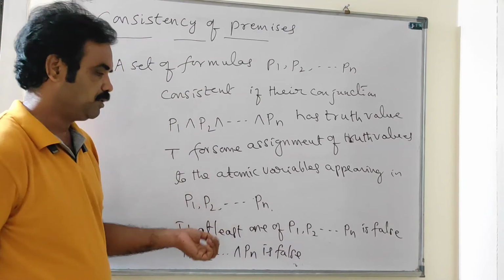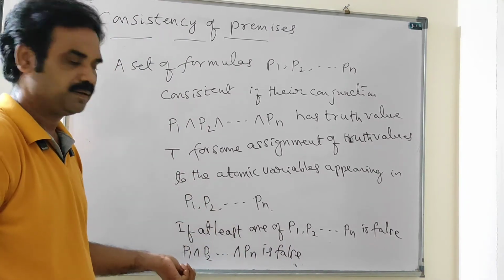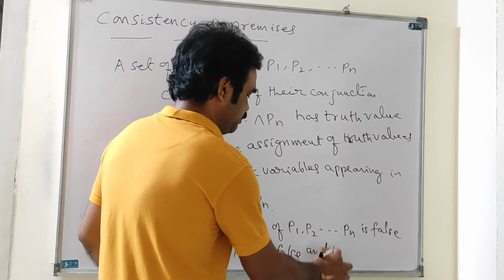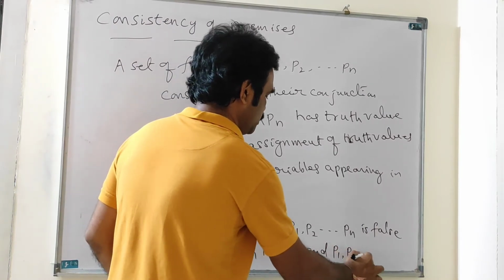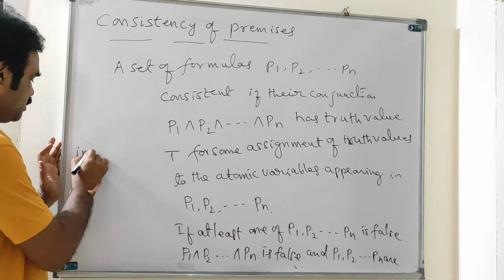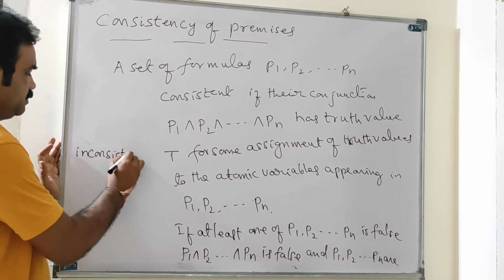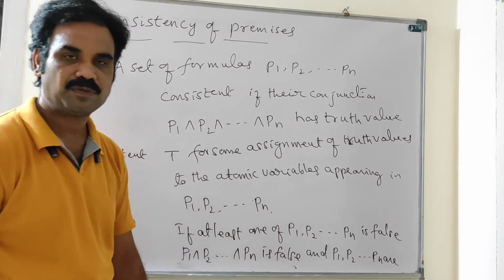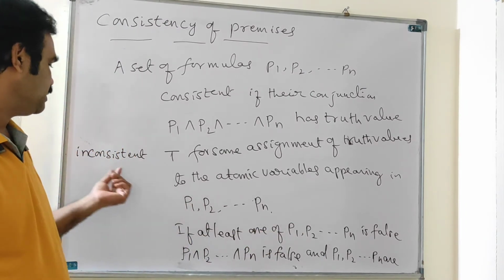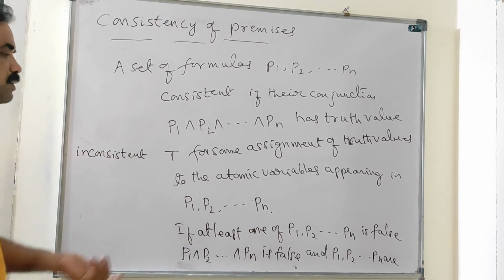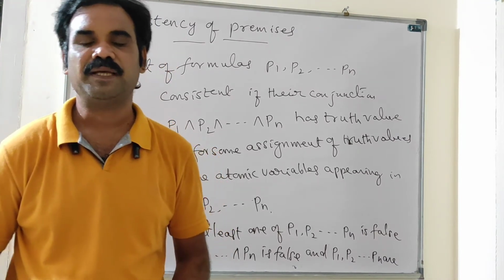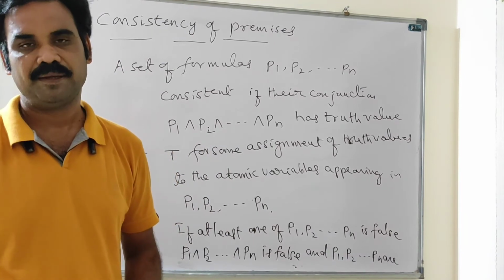And hence P1, P2 and so on Pn are inconsistent. If at least one of the formulas is false, then they are said to be inconsistent. To show that a given set of formulas is inconsistent, show that the conjunction implies a contradiction.